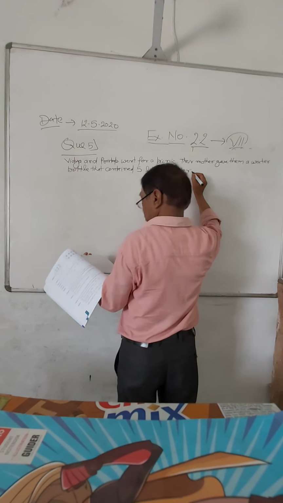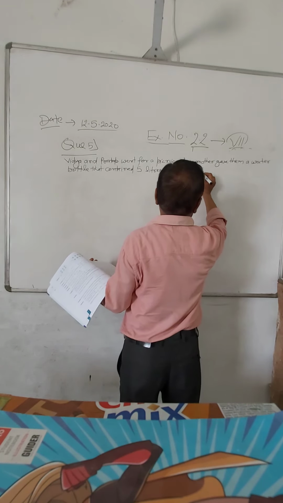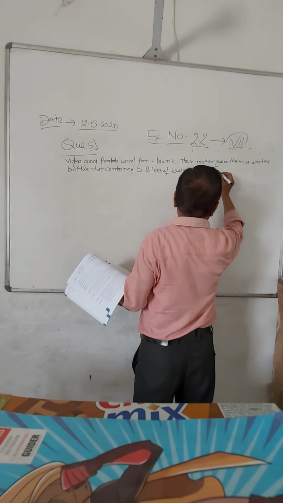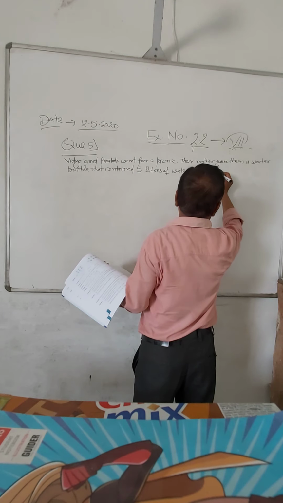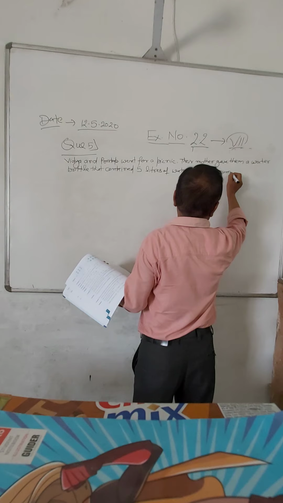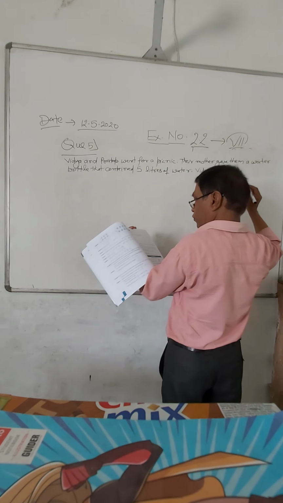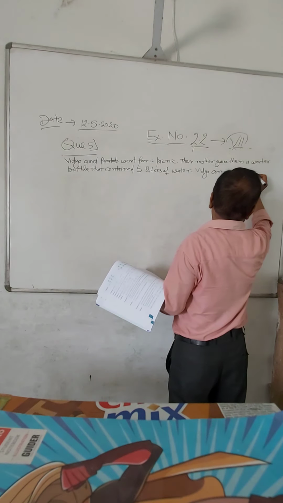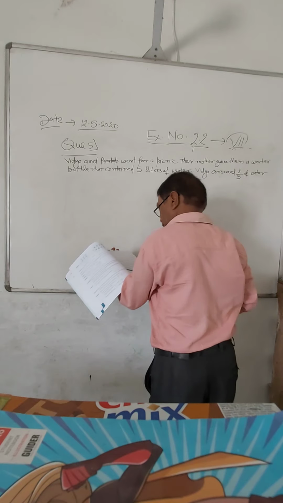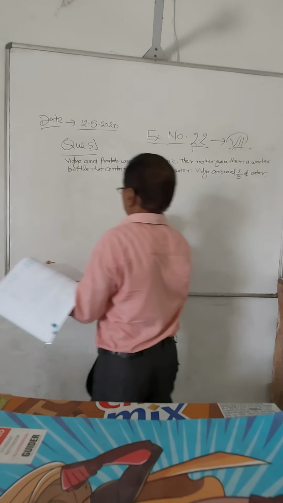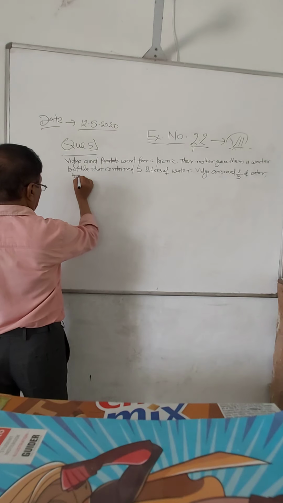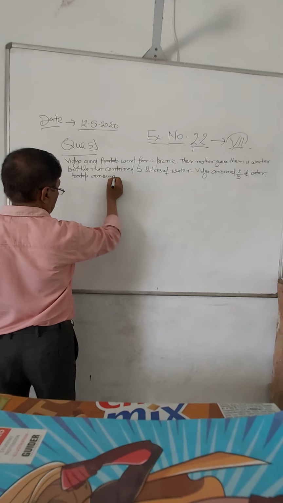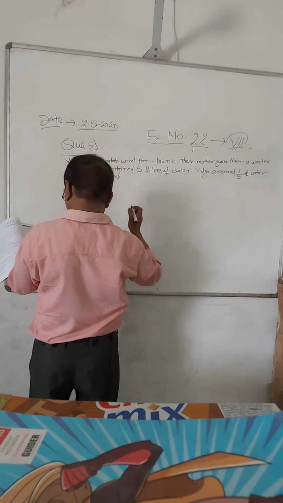Vidya consumed 2/5 of the water. Pratap consumed the remaining water.